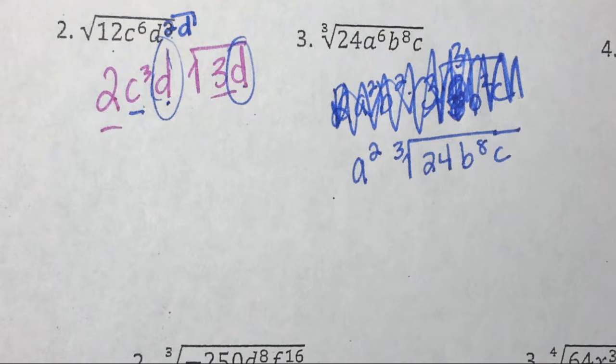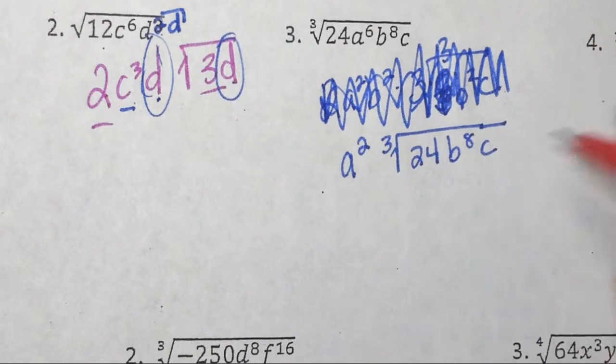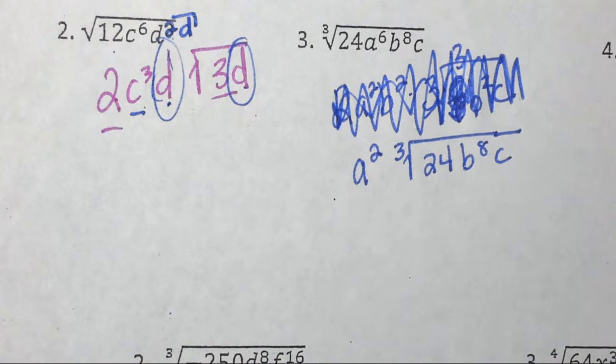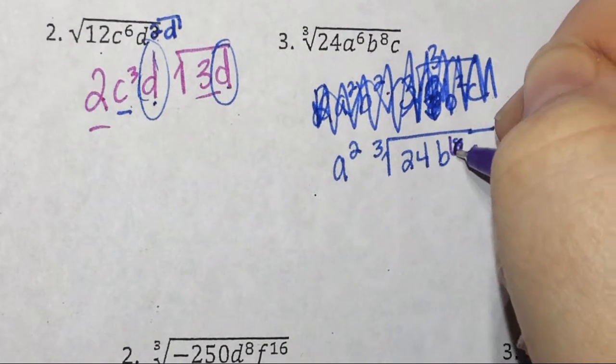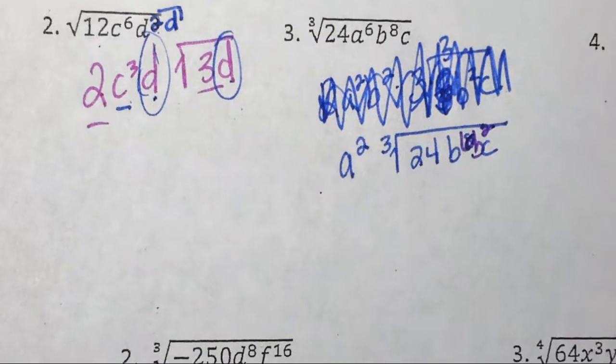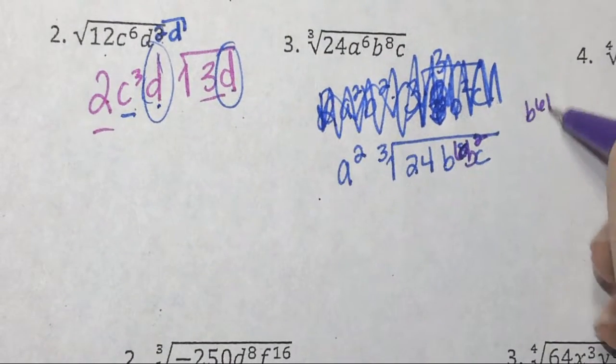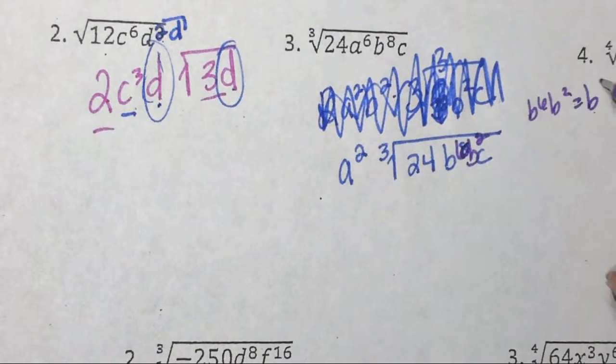Okay, 8's not divisible by 3. So instead, I think through what is divisible by 3, and since 8's not, I back down to a number that is, like 6. So I think of it as B6, B2, because B6 and B2 do give me B8.